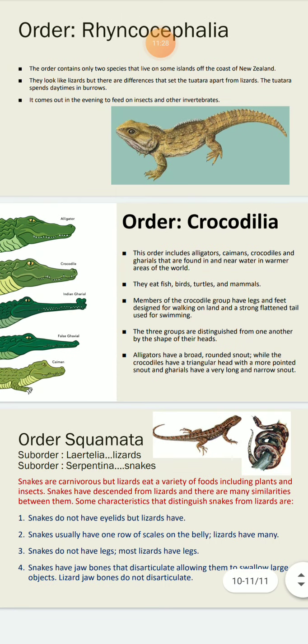And order Squamata, as I spoke about, includes two suborders. Suborder Lacertilia, examples are lizards, and suborder Serpentina, examples are snakes. Snakes are carnivorous, we all know, but lizards eat a variety of foods including plants and insects. Snakes have descended from lizards and there are many similarities between them.